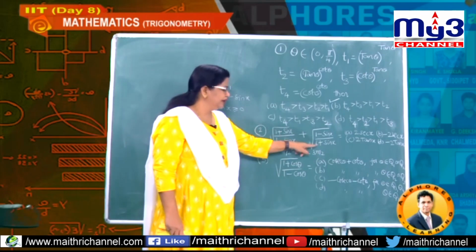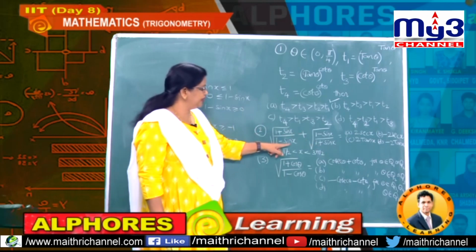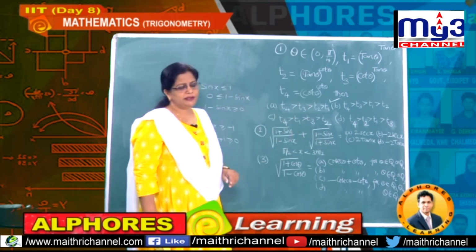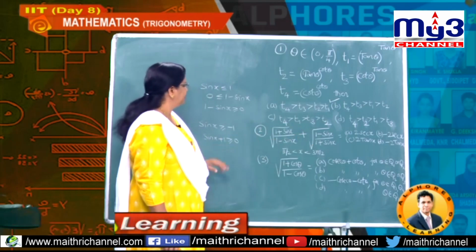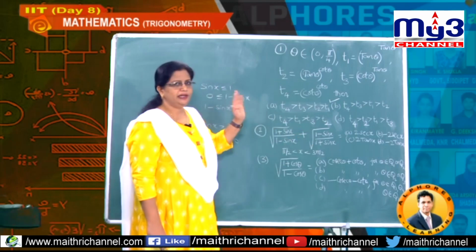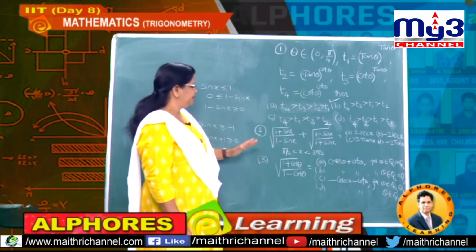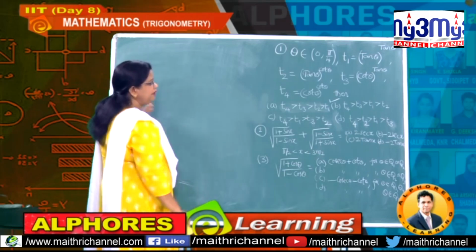As they are written in the denominator, you cannot consider the value where 1 equals sin x and 1 equals minus sin x. Therefore the denominators are non-zero, hence clearly you say 1 plus sin x is positive, 1 minus sin x is positive. So those are confirmed, and after that you have to eliminate the root.